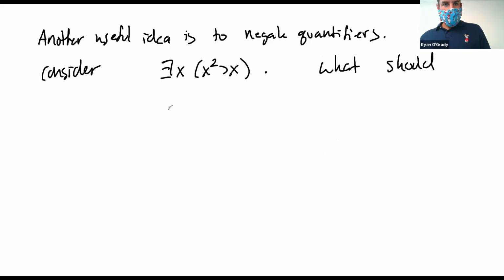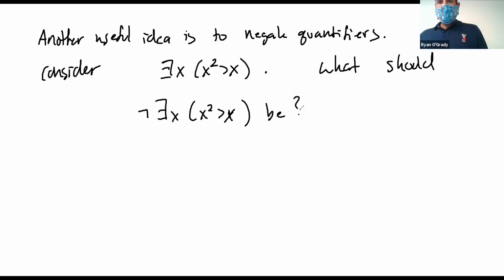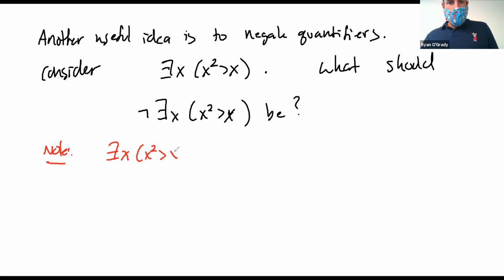What should the negation of this be? There's a couple of ways we can reason what the proper way to handle this is. And the first thing I would tell you to do is note that this is true when x is real.